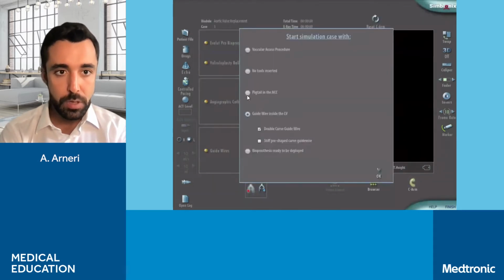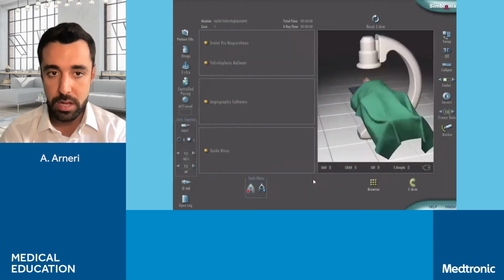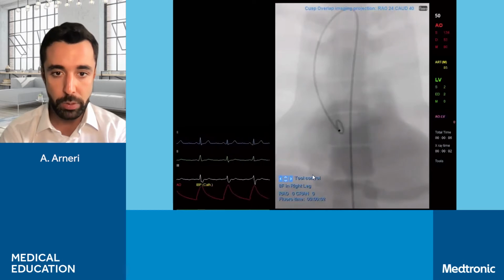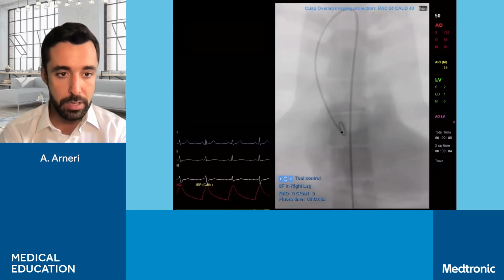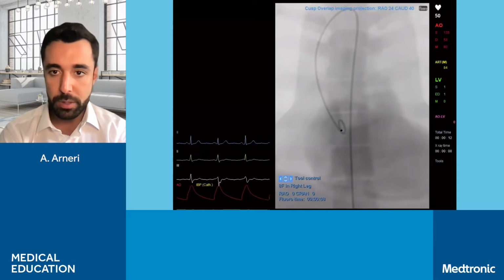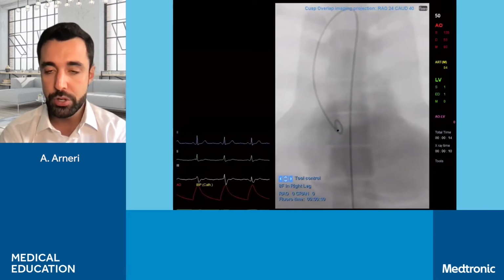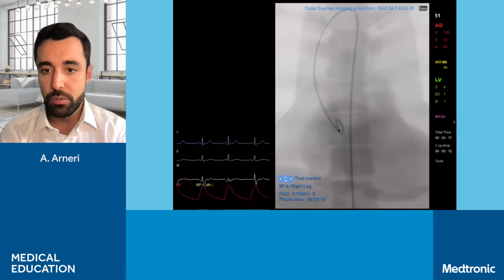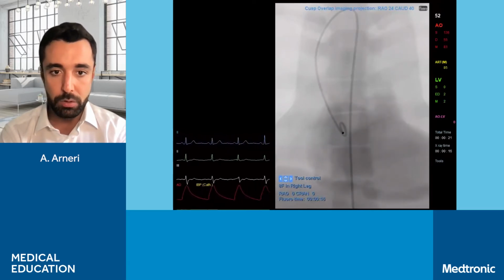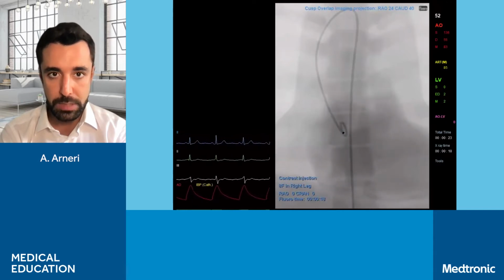Okay, so we're gonna start the simulation with a pigtail catheter in the non-coronary cusp. As you see here, we can see on the bottom left the ECG and the pressure of the patient. We have some pressure numbers on the right of the screen, and you see we have the pigtail already in the non-coronary cusp.